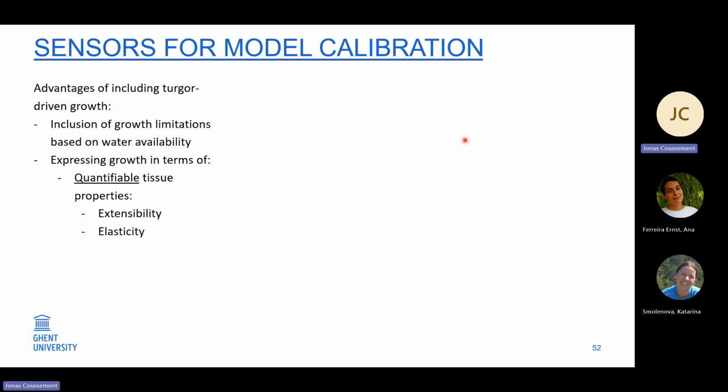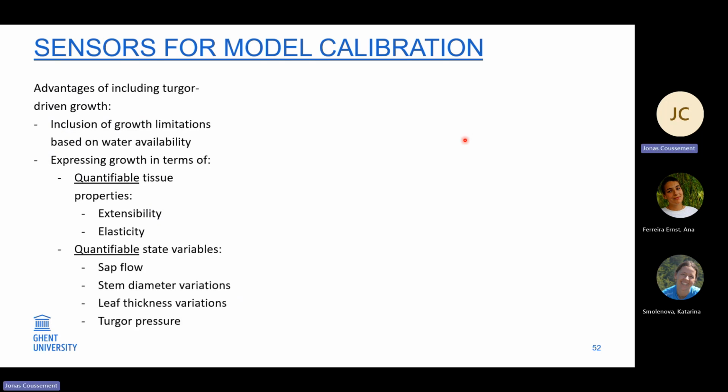The extensibility and elasticity are really properties of the cell wall of a plant. And also they are quantifiable processes like the sap flow, how much water the plant is taking up during the day, but also the stem diameter variations or leaf thickness variations.